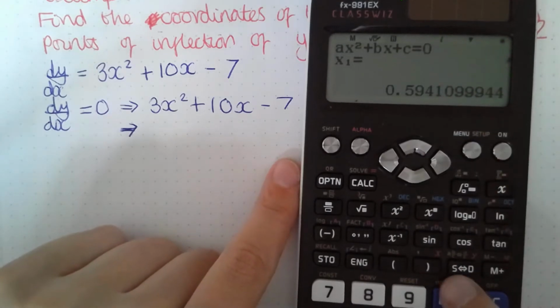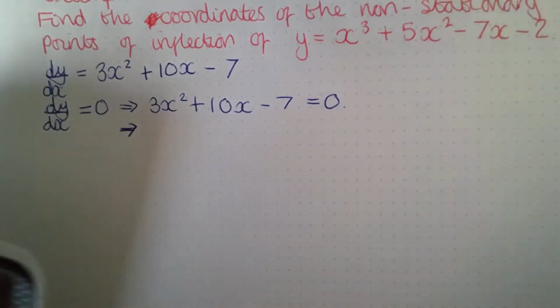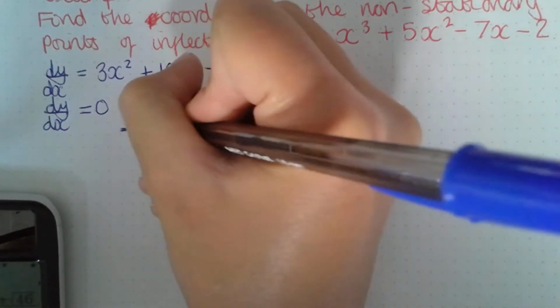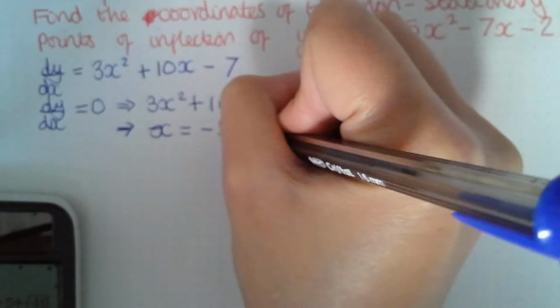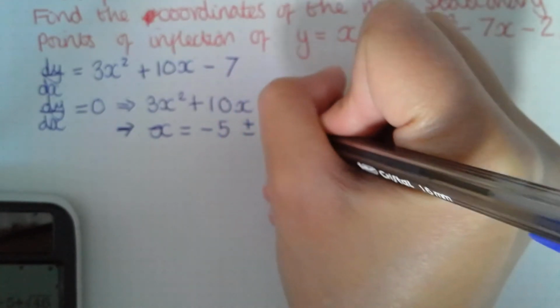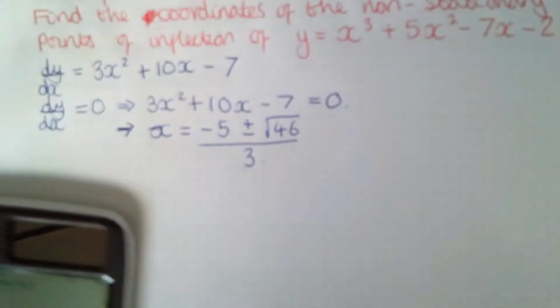Got a decimal which we don't want, so S arrow D. So we end up getting x equals negative 5 plus or minus root 46 all over 3.